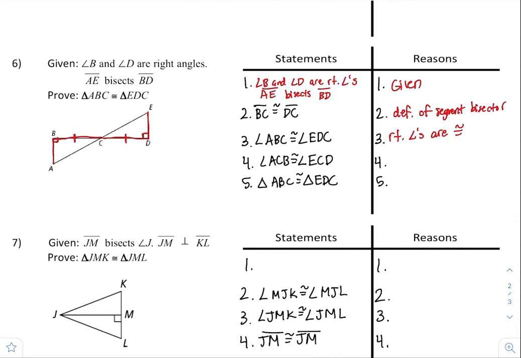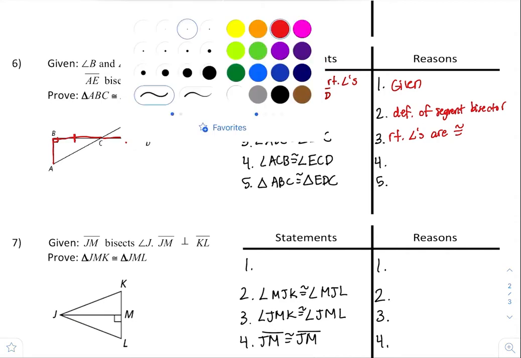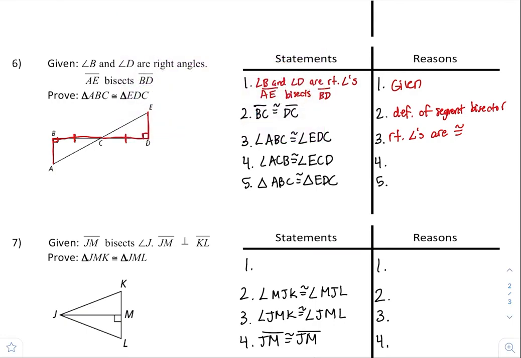Now, this next one says, I'll do a different color, angle ACB, so this angle, you guys, is congruent to angle ECD. Why can we say that? Because those are vertical angles, you guys, and vertical angles are congruent.